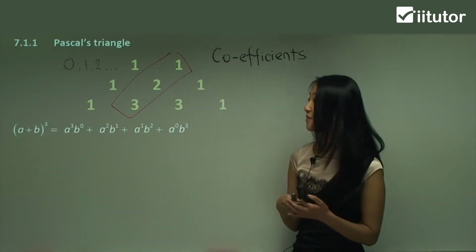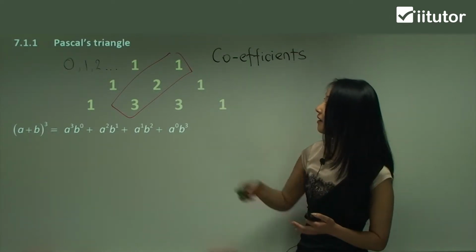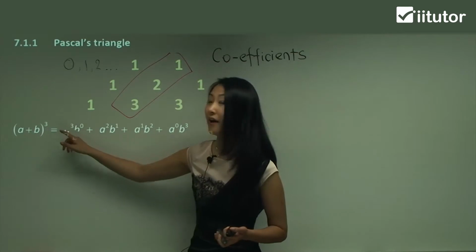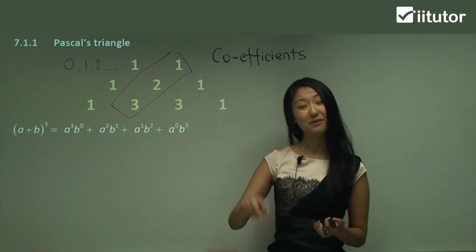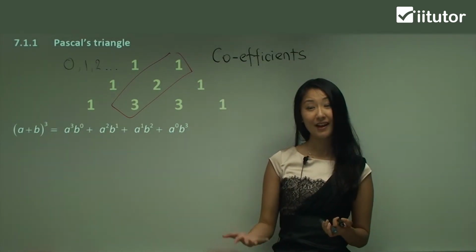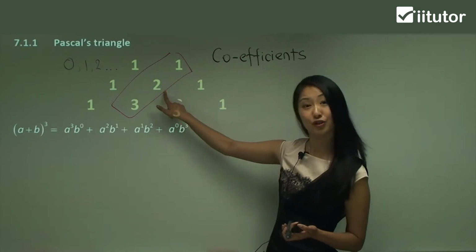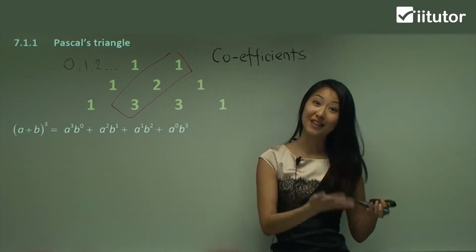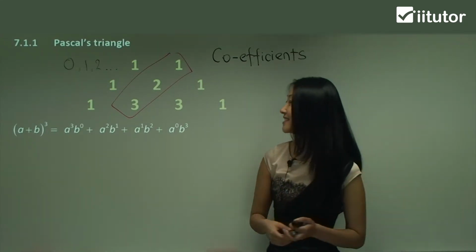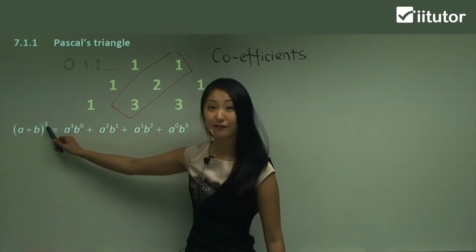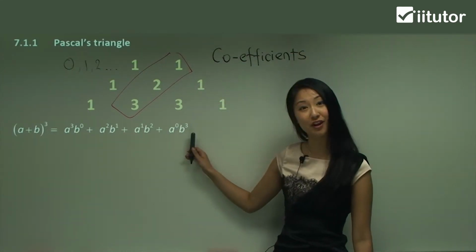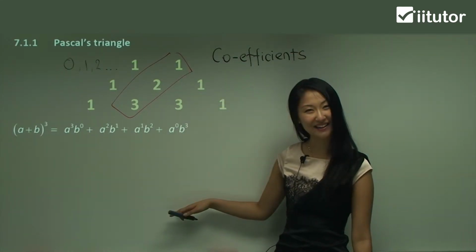Now remember how I told you to remember, when we did the first one, that when it was to the power of 1, we had 2 terms because we started off with 0. And when we had the power of 2, we had 3 terms, once again because we're starting off with that 0. And now you can see that when we have the power of 3, we have 1, 2, 3, 4 terms. Yeah? Can you see how there's a pattern evolving?